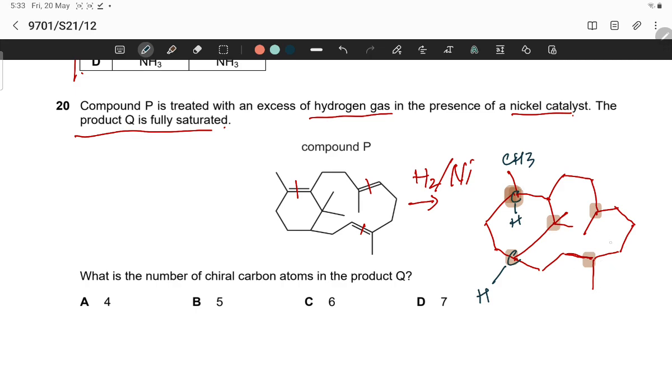So this is also a chiral carbon. This has different groups, and this has different groups, and this has different groups. So this is again chiral, this is chiral, with H and three other different groups. So 5 chiral carbons are there. So this option is correct.